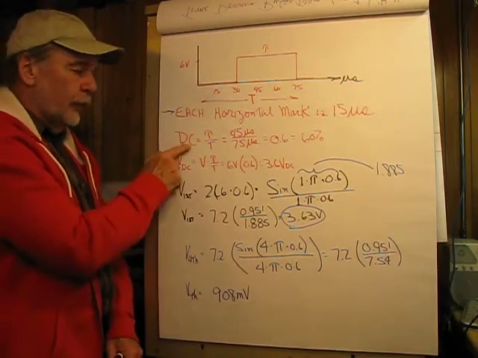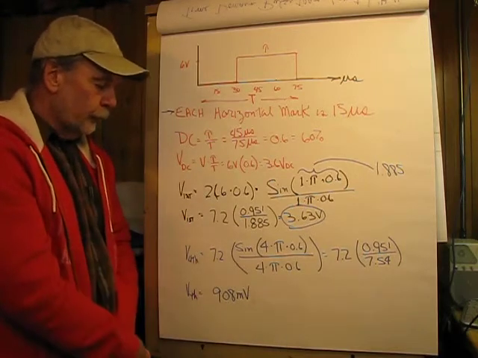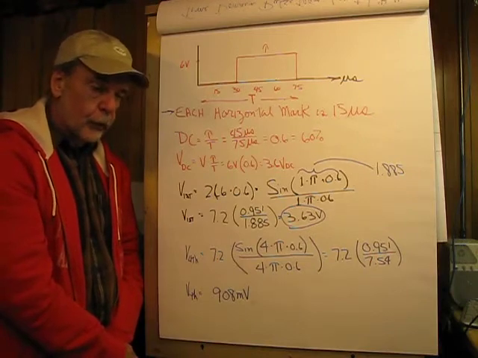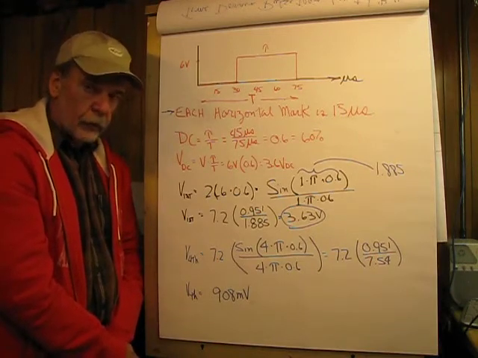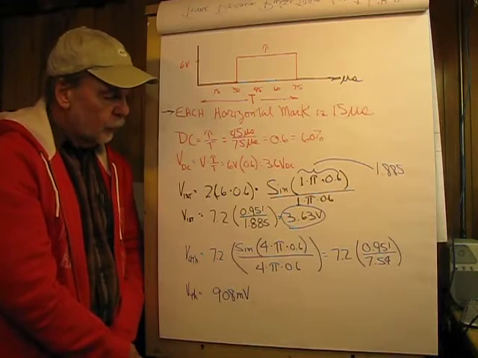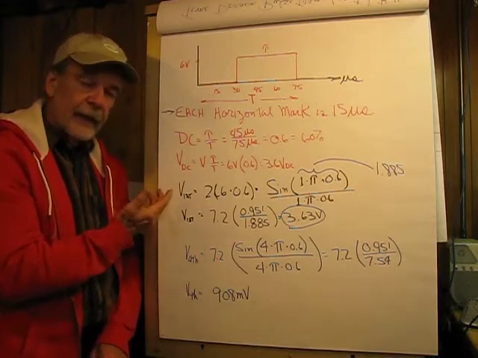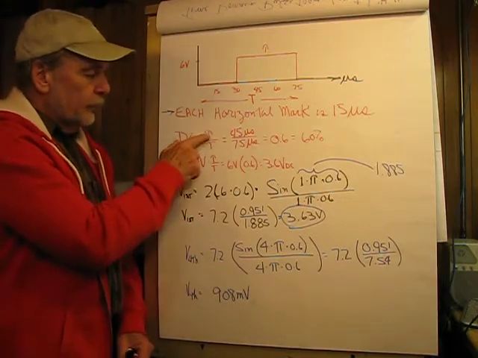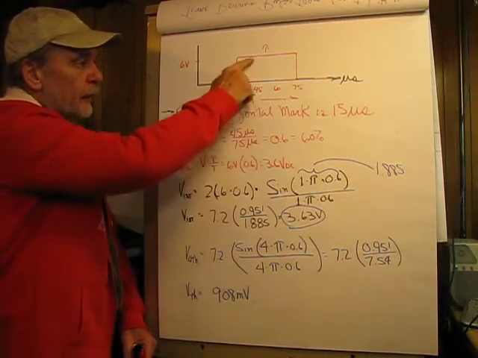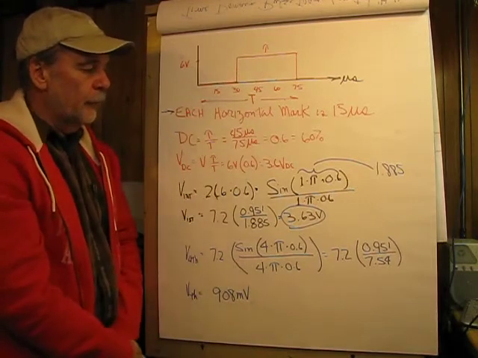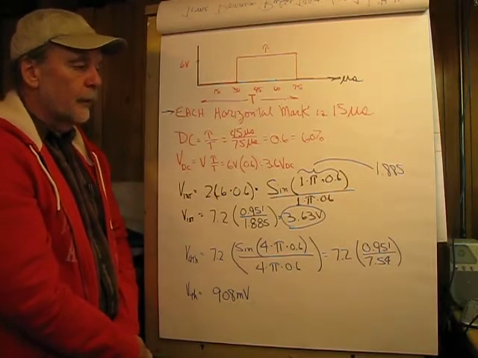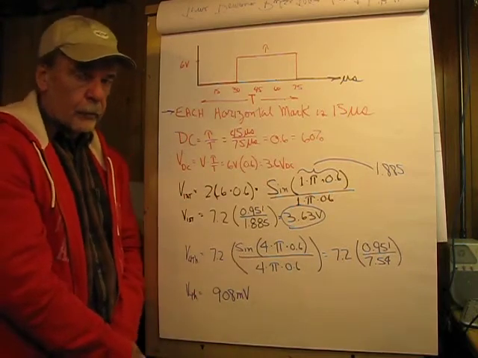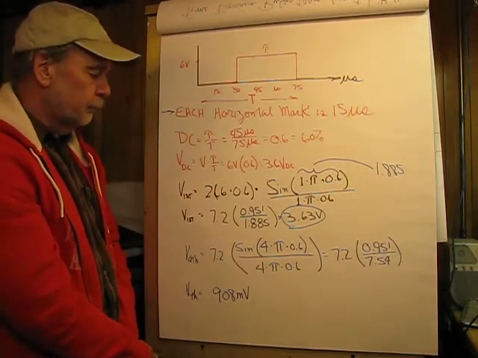So the duty cycle, and DC is used in 3 different places commonly. One, of course, is direct current, the other is duty cycle, and the third on an oscilloscope would be direct coupled. So when you see DC, you have to put it into context depending upon what you're working on. So the duty cycle, tau over T, is 45 microseconds, that would be this guy here, divided by the period, which is 75 microseconds, which gives us a duty cycle of 0.6, and expressing that as a percentage, it would be 60%.